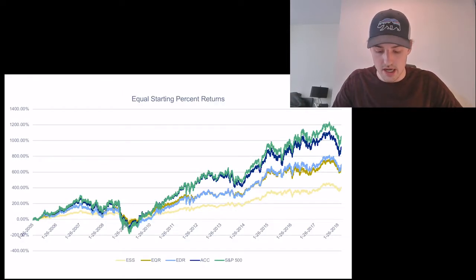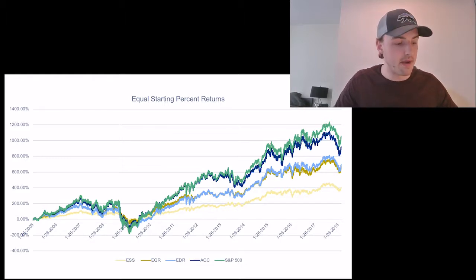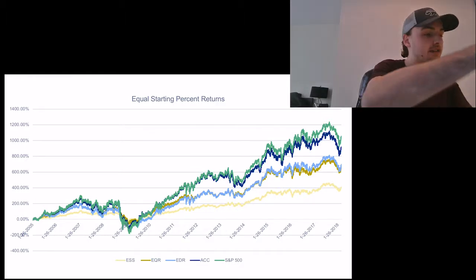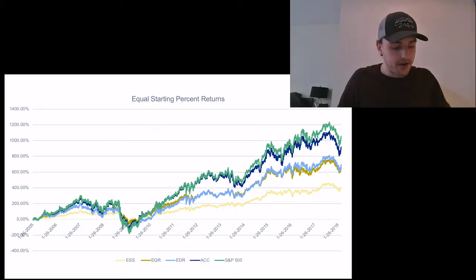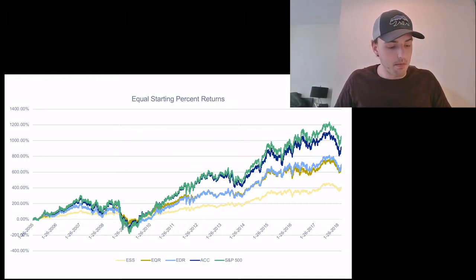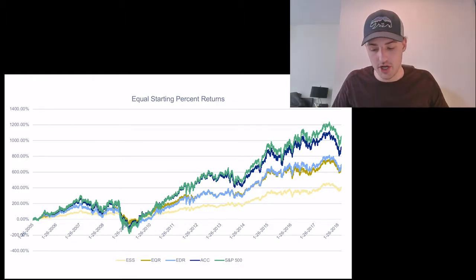So here I've now normalized the returns and added the S&P 500 as a baseline indicator to guide this conversation. Since the various REITs did not start at the same time, returns have been zeroed from the date that the last of the studied REITs was originated.